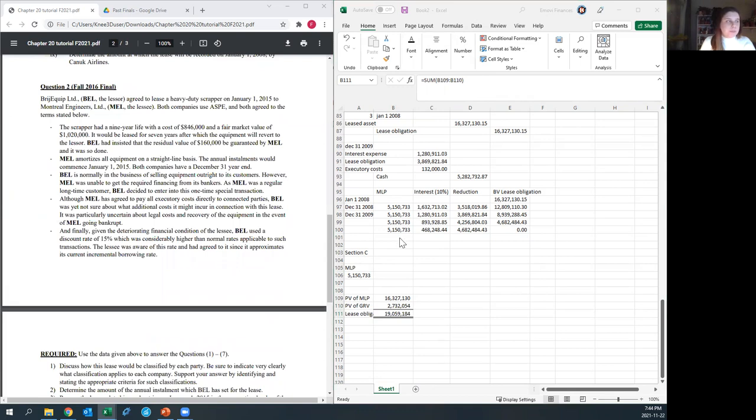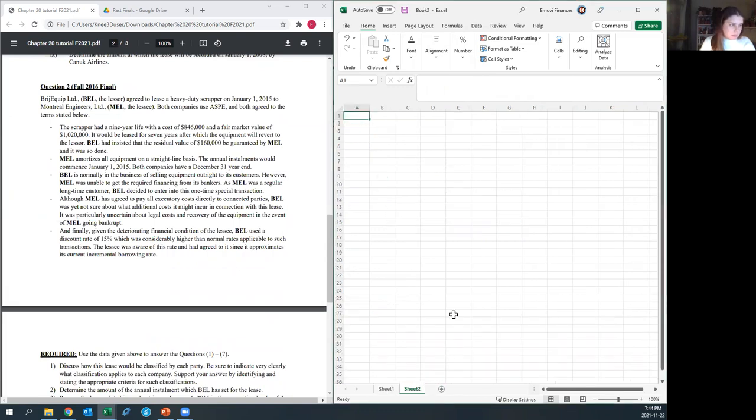For question 2, Bridge Equip Limited, Bell, the lessor, agreed to lease a heavy-duty scraper on January 1st, 2015 to Montreal Engineers Limited, Mel, the lessee. Both companies use ASPE and both agreed to the terms stated below.